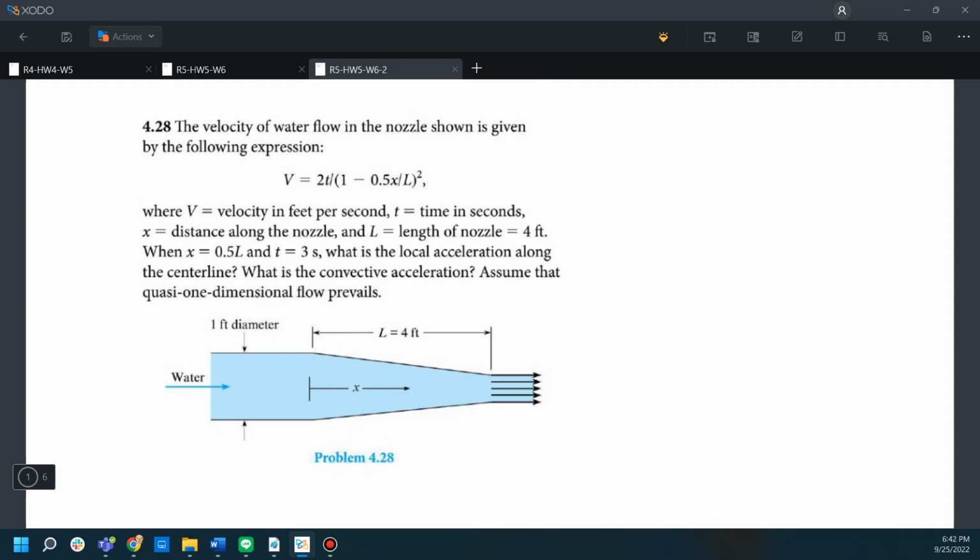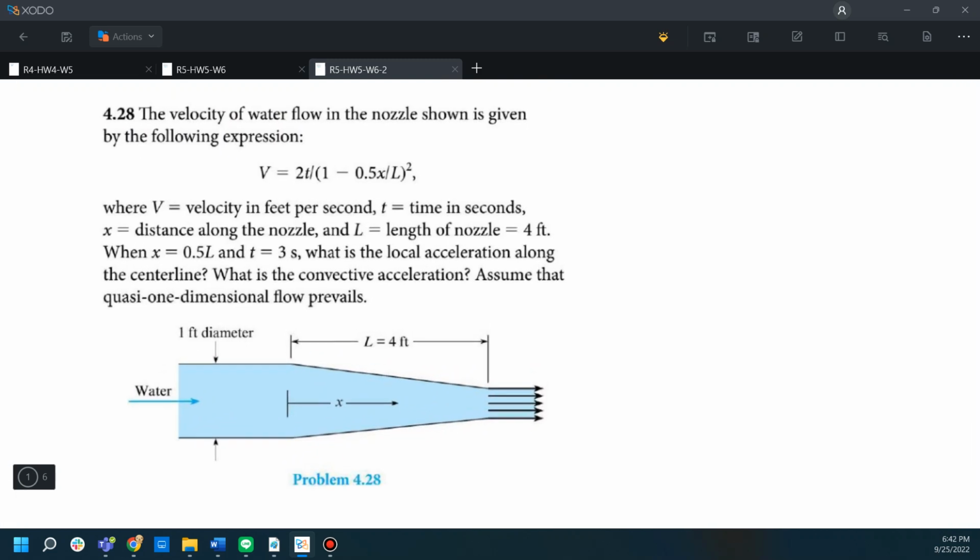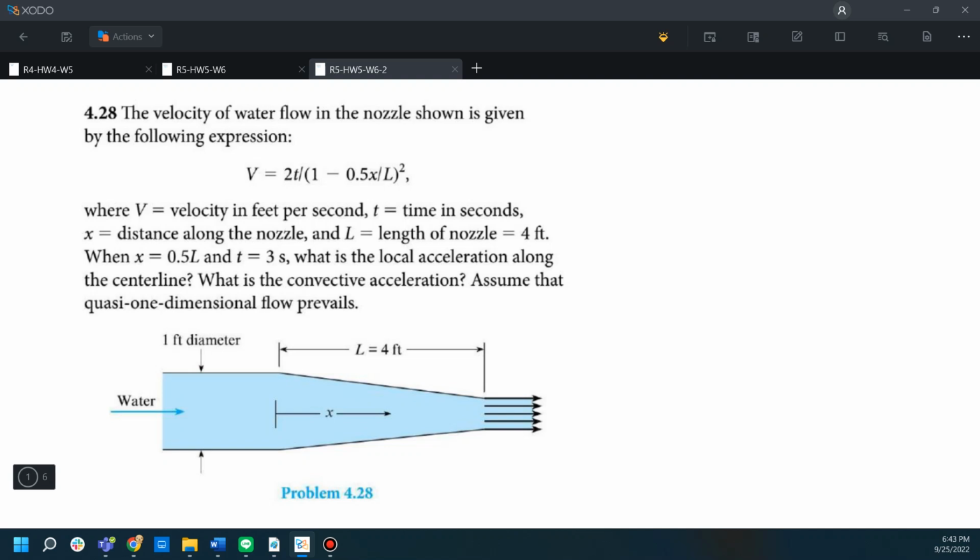Okay, so let's see the first problem, 4.28. In this problem, it gave us the velocity of the water flow in a nozzle, given by the following expression in this equation. v is velocity in feet per second, t is the time in seconds, and x is the distance along the nozzle.